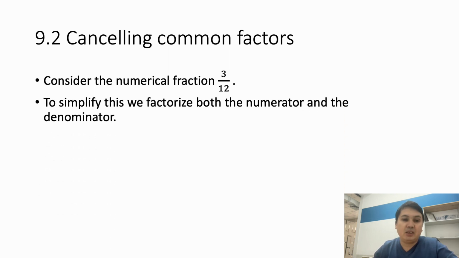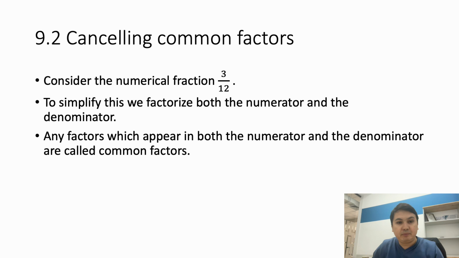To simplify, we factorize the numerator, the 3 in our case, and the denominator, which is 12 in our case. And then any factors which appear in both numerator and denominator, the common ones, we cancel them out.